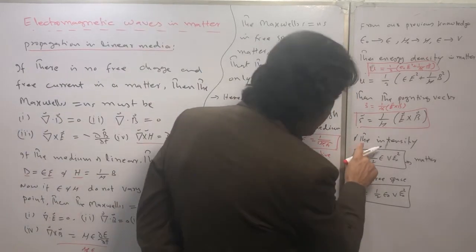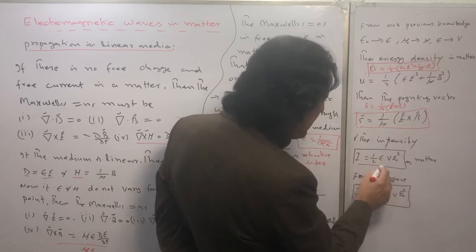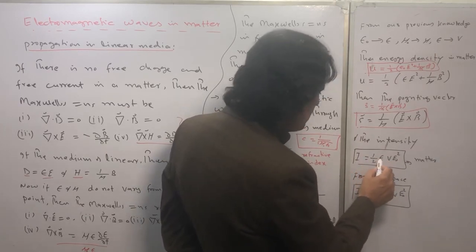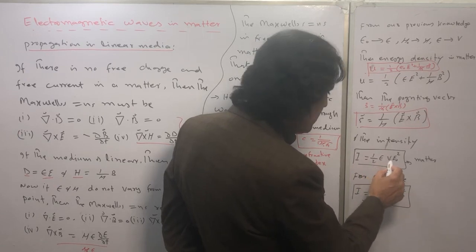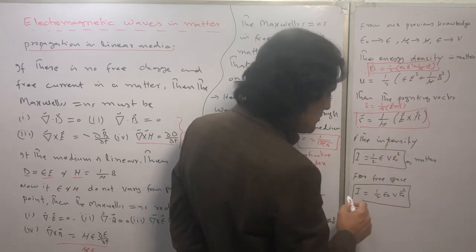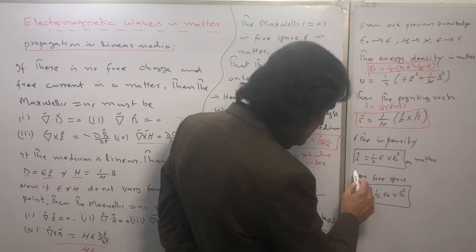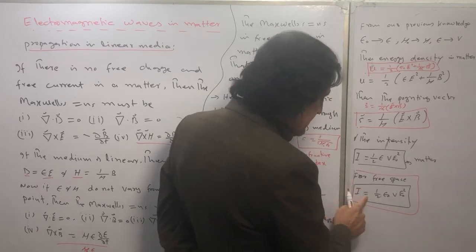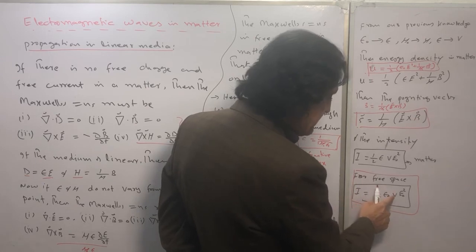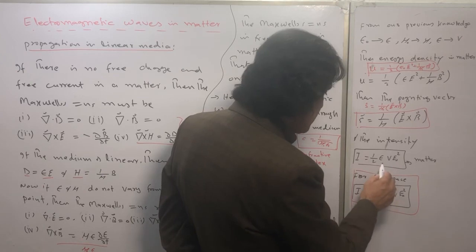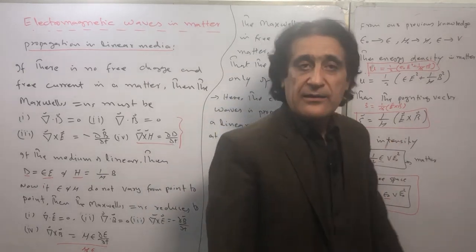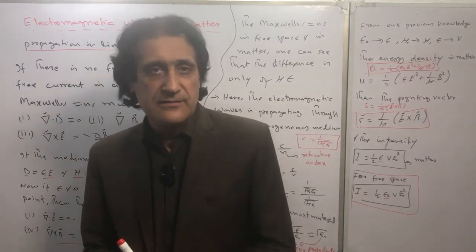And similarly, the intensity for matter will be equal to half epsilon v E naught squared, and for free space the intensity is equal to half epsilon naught c E naught squared. So we just replace epsilon naught by epsilon, and this will be the intensity for matter. I think this will be enough.